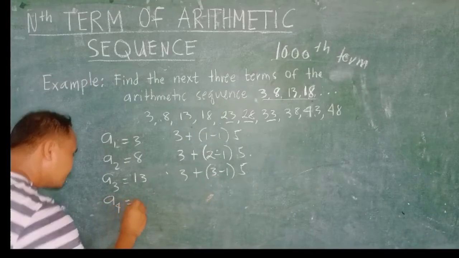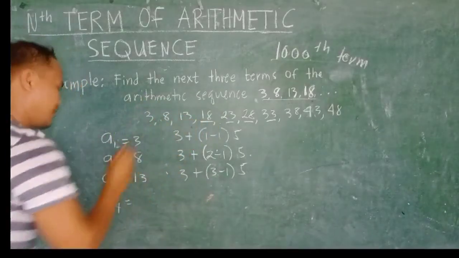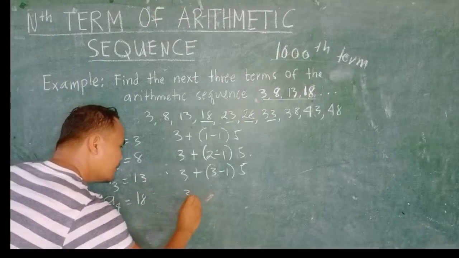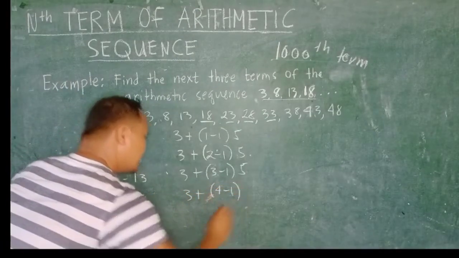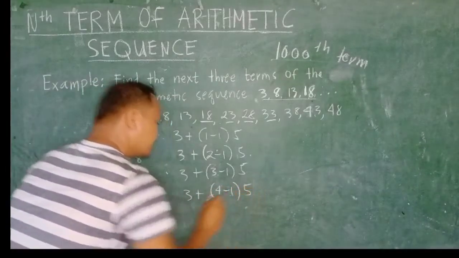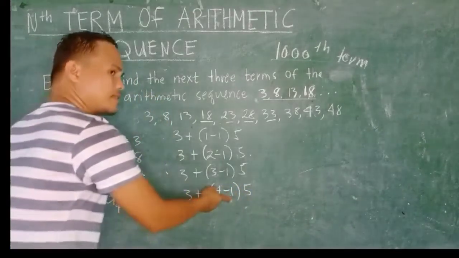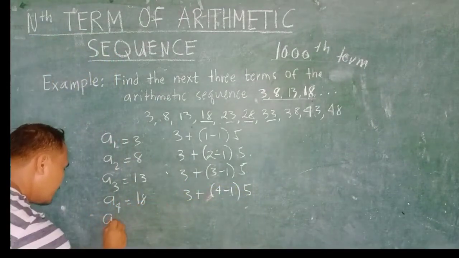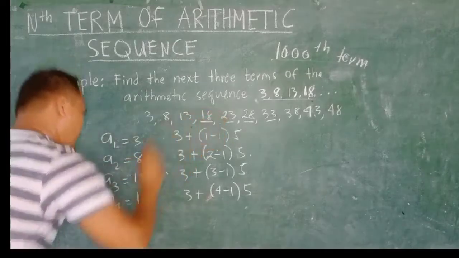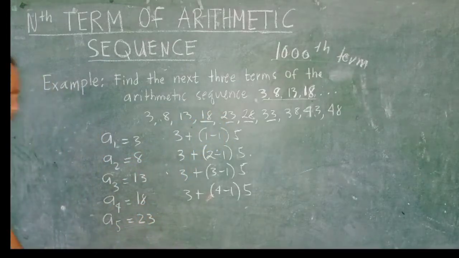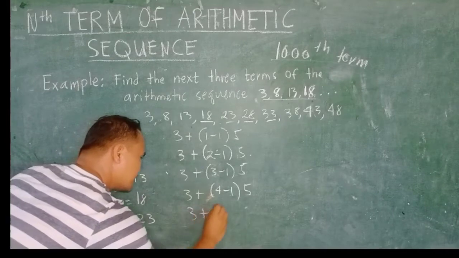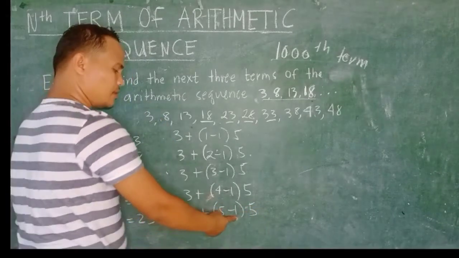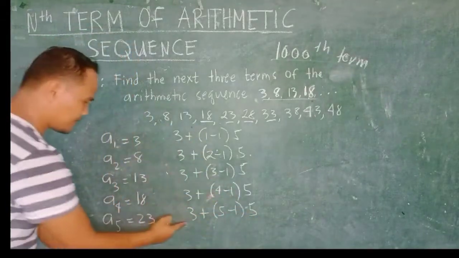For a sub 4, the fourth term is 18. 18 could be written as 3 plus 4 minus 1 times 5. 4 minus 1 is 3, times 5 is 15. 15 plus 3 is 18. The fifth term is 23. 23 could be written as 3 plus 5 minus 1 times 5. 5 minus 1 is 4, times 5 is 20, plus 3 is 23.